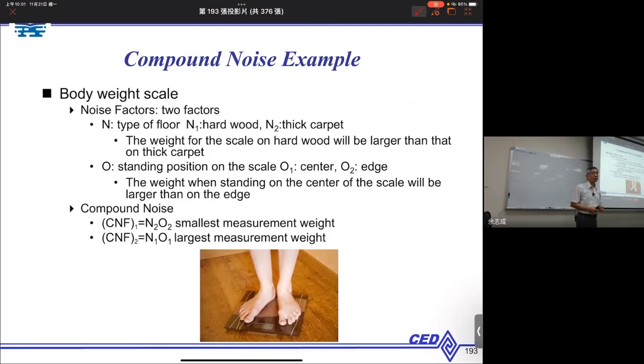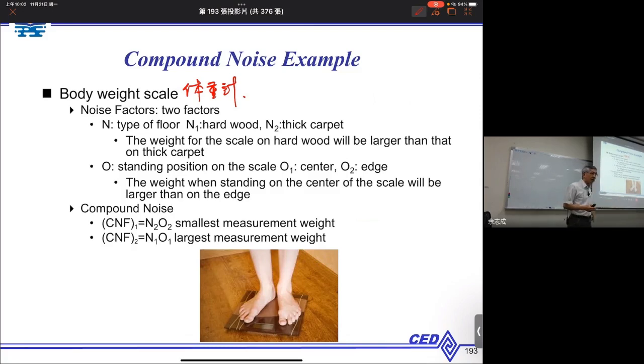This is a bathroom scale. If you have this experience, or you can try to practice at home, you'll find out the weight you get will depend on 2 different types of noise factors. The first one is the type of floor your bathroom scale is sitting on. It could be a hardwood, like this one, or it could be a thick carpet.